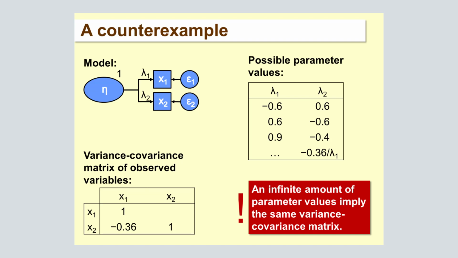Actually, most values between minus 1 and 1 for lambda 1 and minus 0.36 divided by this value for lambda 2 would work. So we see that an infinite amount of parameter values imply the same variance-covariance matrix, namely the variance-covariance matrix of observed variables shown below.